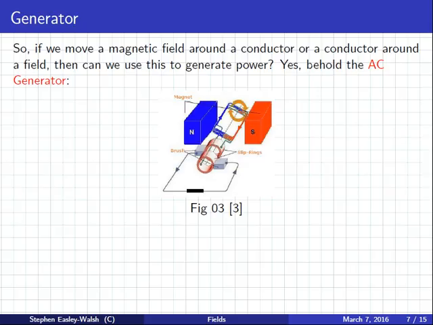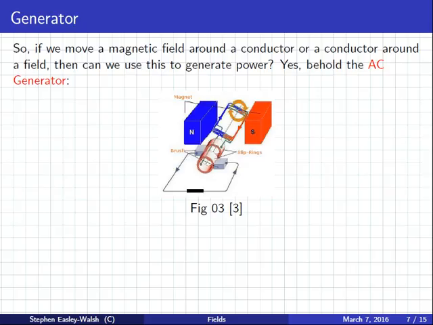Now, the small difference here is that these two slip rings are always in contact, whereas with the DC motor, remember there was a little bit of a gap? These slip rings, there's no gap. So notice that this is a full circle, and there's a little brush touching the slip ring, and as this rotates around, this is always touching the slip ring.